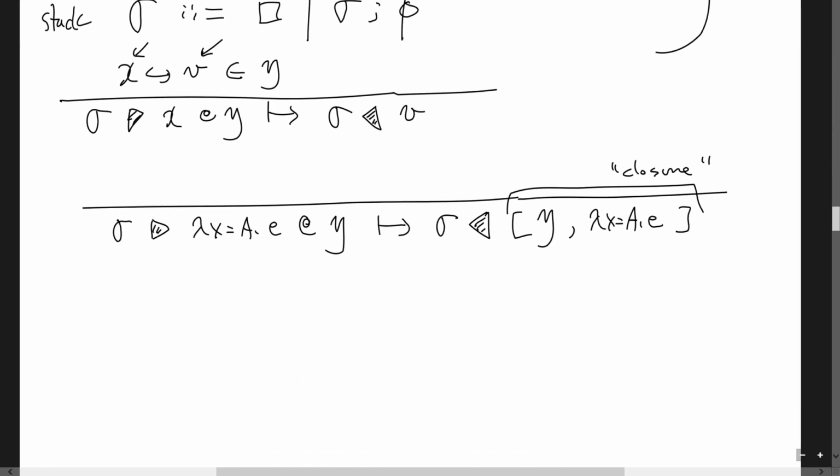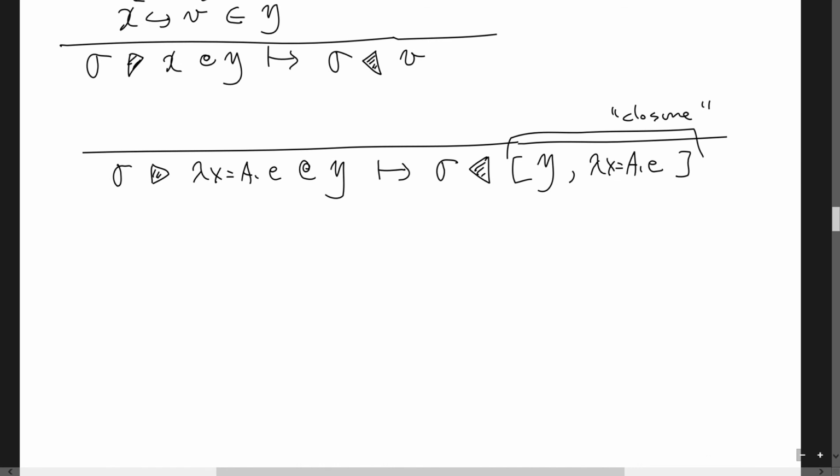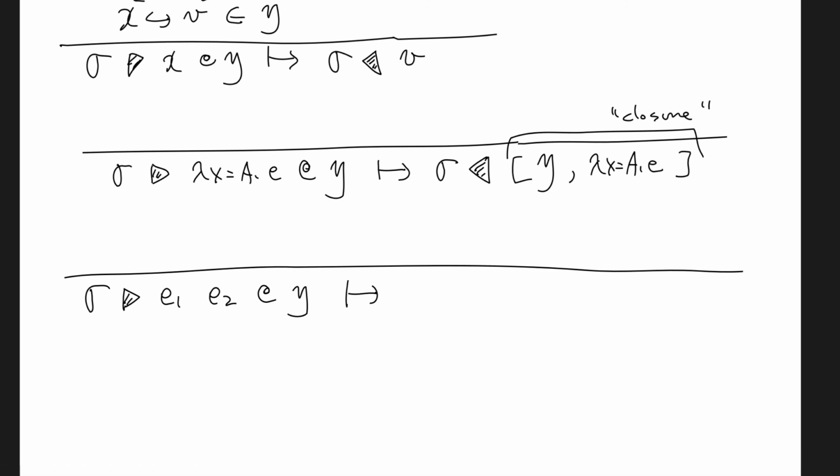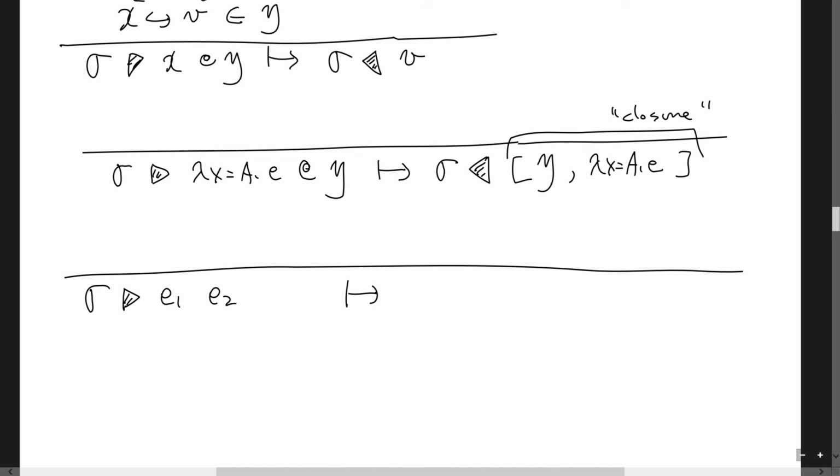Now let's see the most complicated case, which is of course application. Suppose that we are currently analyzing expression E1 applied to E2 under environment eta. So in the case of abstract machine C, we don't need this one, and the next state would be sigma, this is a hole, expression E2, and we keep analyzing expression E1.